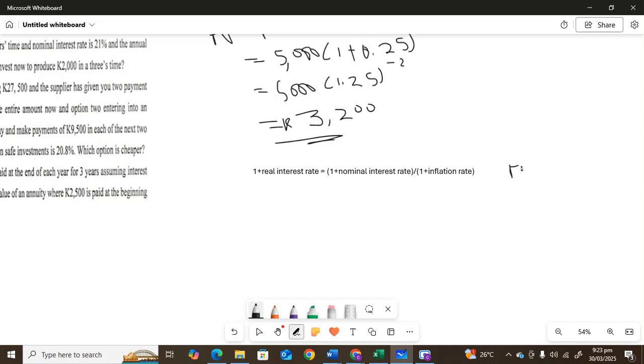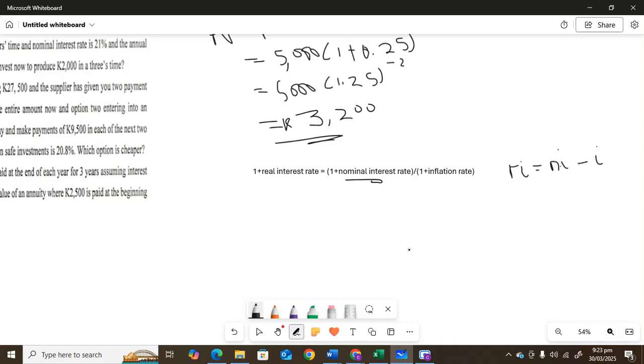The real interest rate, RI, is the nominal interest rate, NI, minus the inflation rate. This formula here is more accurate, but you get similar figures. But usually in questions, the lecturer will expect you to use this formula here: 1 plus real interest rate equals 1 plus nominal interest rate over 1 plus the inflation rate.